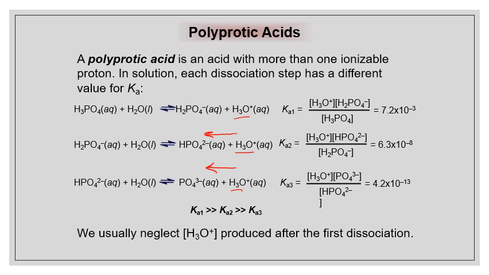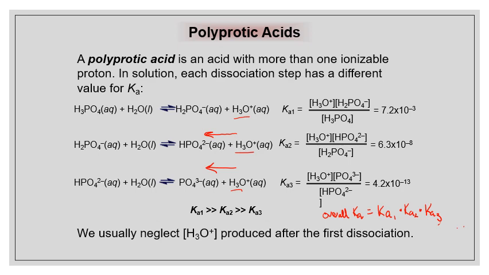So one other thing to remember, the overall Ka for the reaction, because this is a multi-step equation, if you remember your manipulations, the overall Ka would be equal to Ka1 multiplied by Ka2 multiplied by Ka3. So usually when we're calculating pHs, we neglect any H3O+ concentration produced after that first dissociation step.